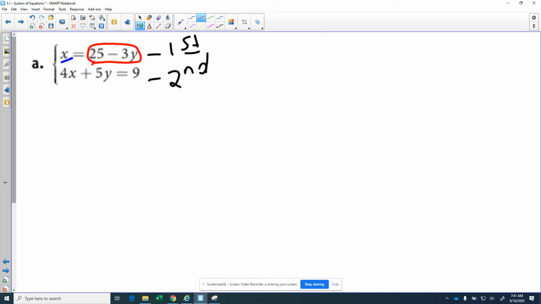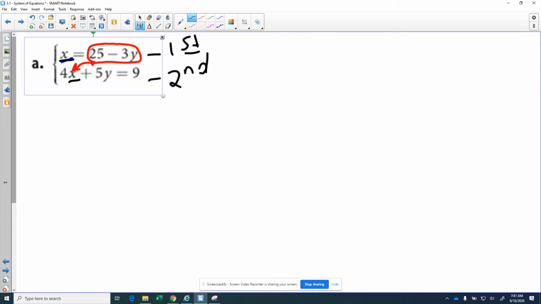All the substitution method really means is that I'm going to take that whole value in red there, and plug it in for where I have an x in the second equation. I'm allowed to do this because both of these equations have an x in them. So I can replace the second x with the 25 minus 3y.